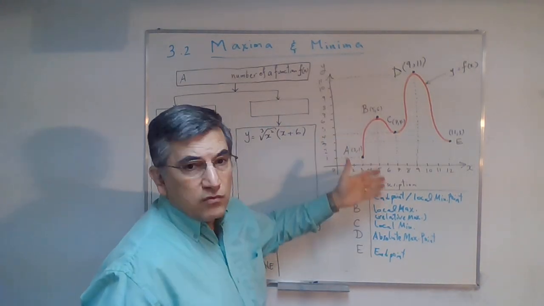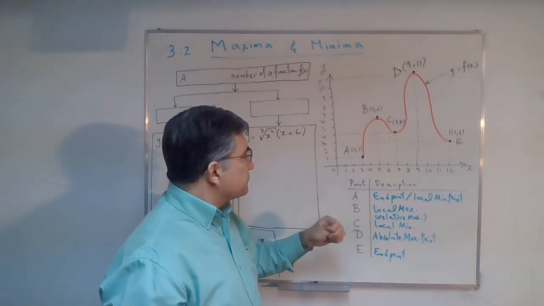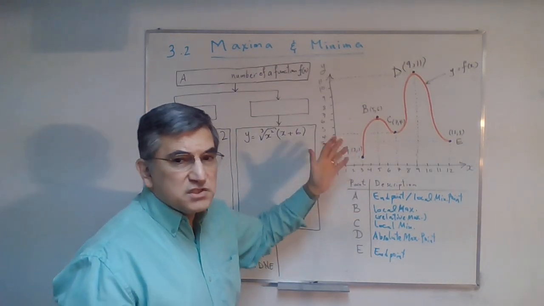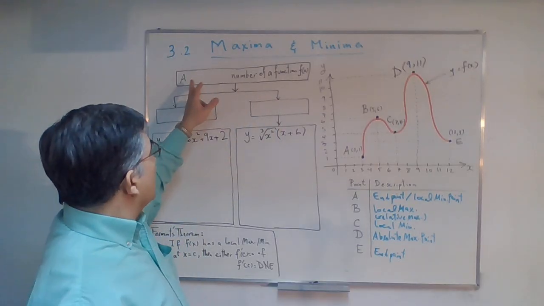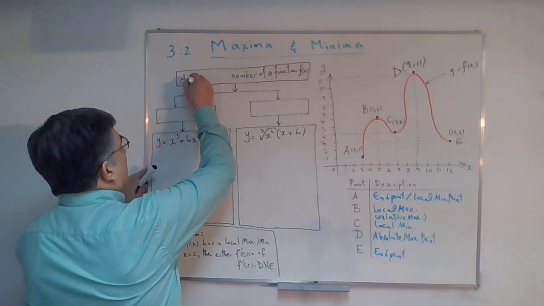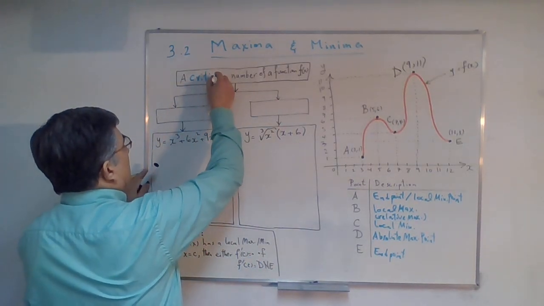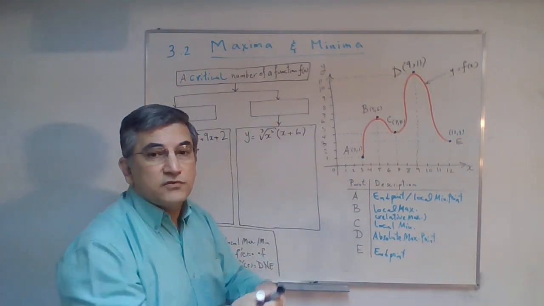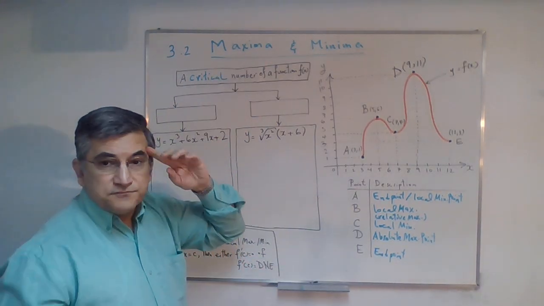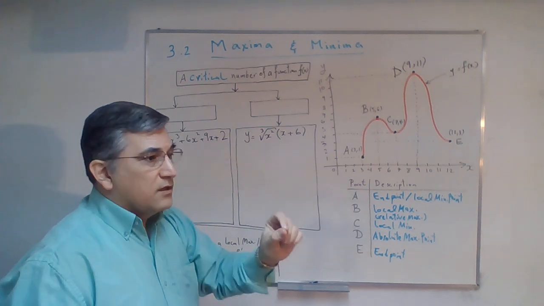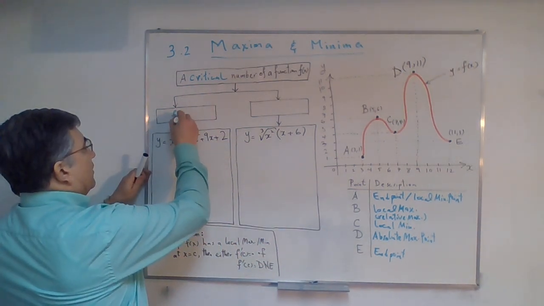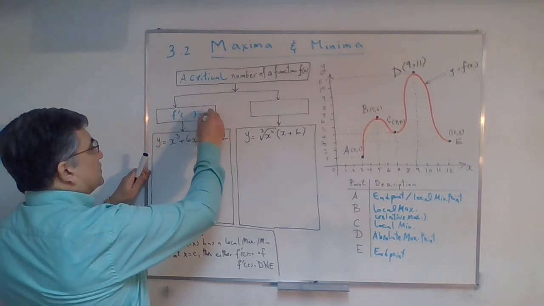So now that we know these terminologies, we're going to talk about some easy definitions. Critical number of a function. What is a critical number? A critical number of a function is a number at which either f prime at that point is 0.